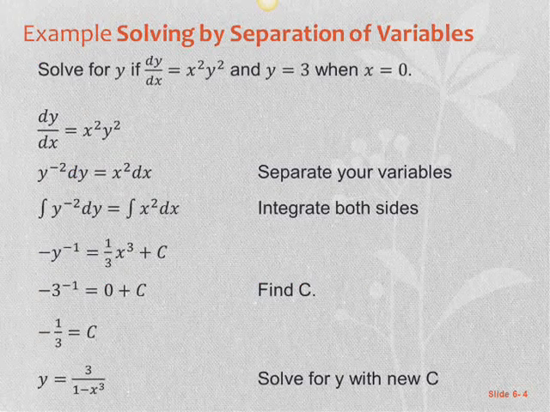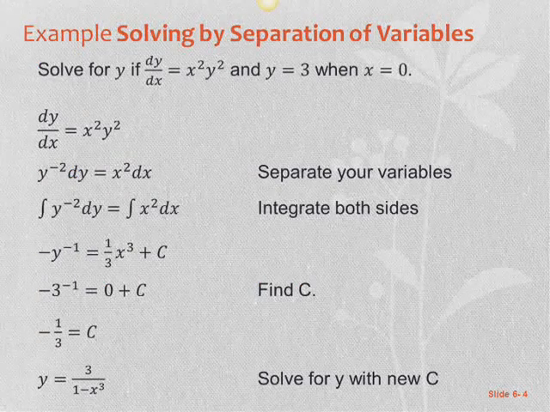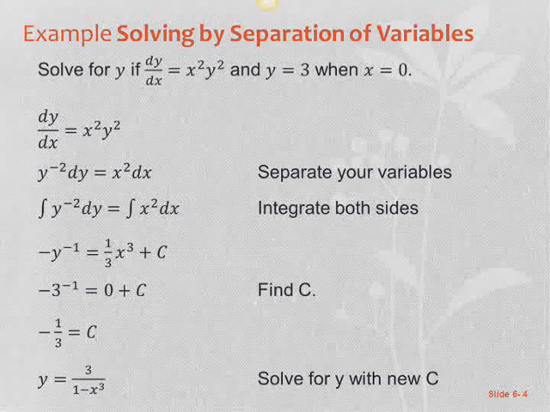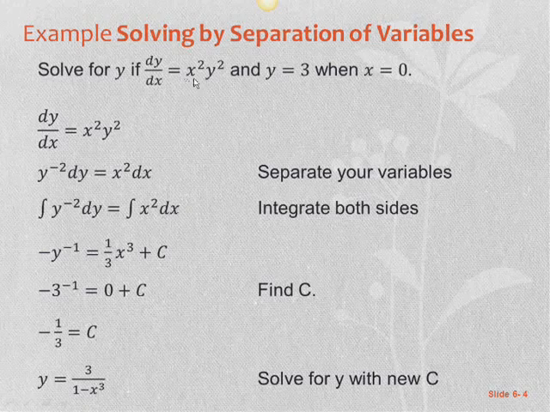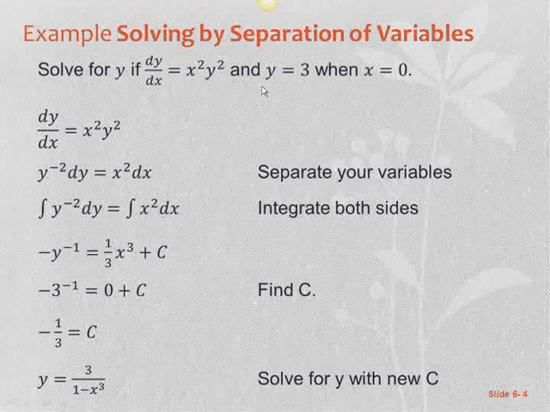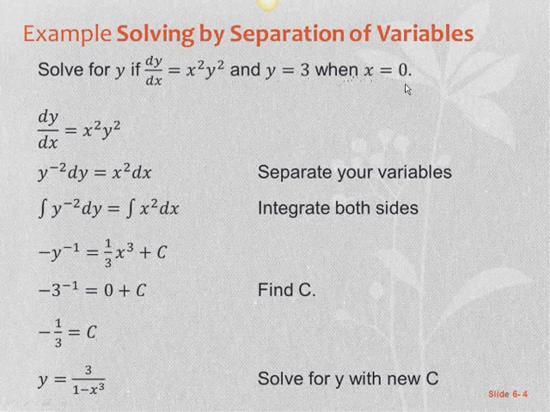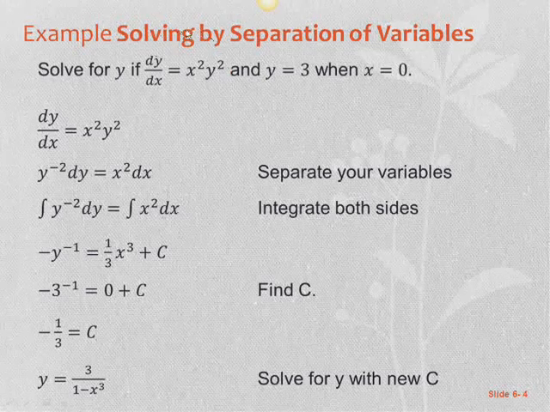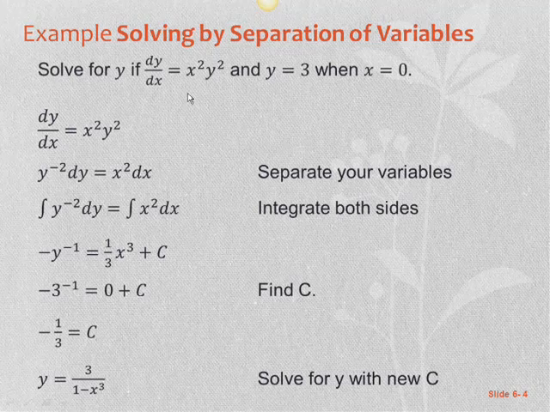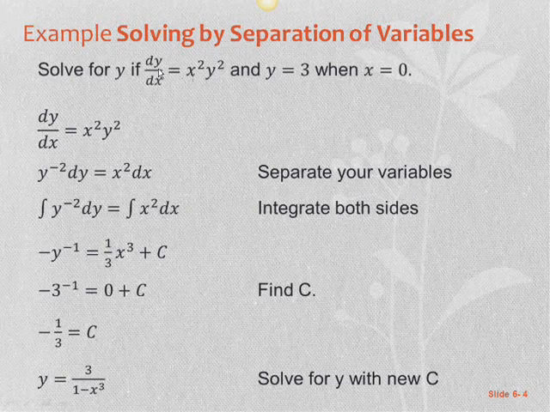So, I have an example here of solving by separation of variables. The question says to solve for y if dy/dx is equal to x squared y squared and y is 3 when x is 0. So, when we are asking you to solve a differential equation, we're asking you to figure out what the antiderivative is.